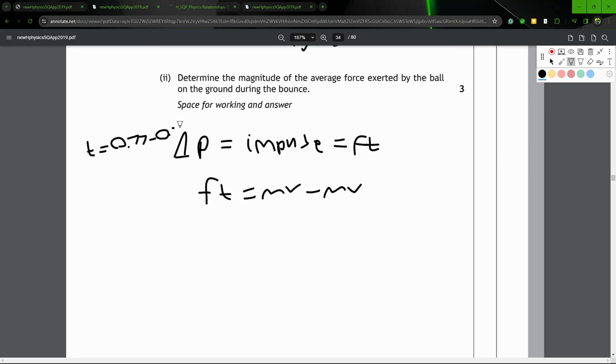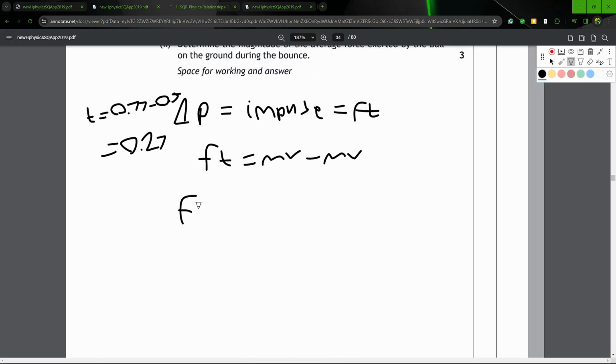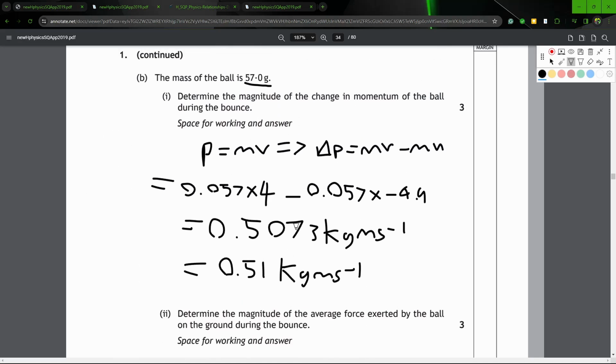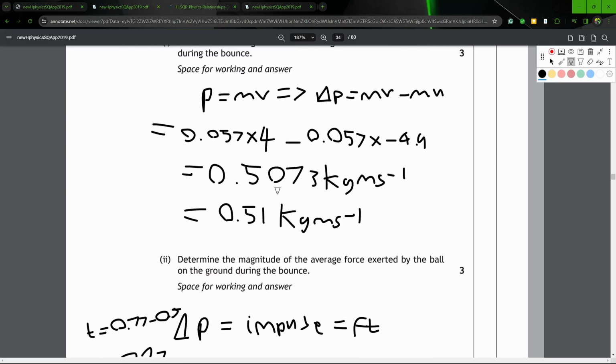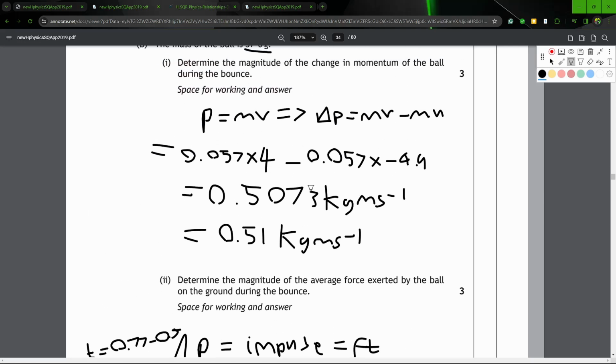We'll have to get the difference to figure out the actual time, which is 0.27, and then we can start plugging in the numbers. So force is the thing we're trying to work out, time is 0.27, and we've already calculated the change in momentum in this one here, so we can just plug that in, or whatever rounded value you want.